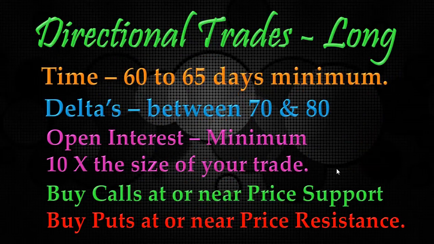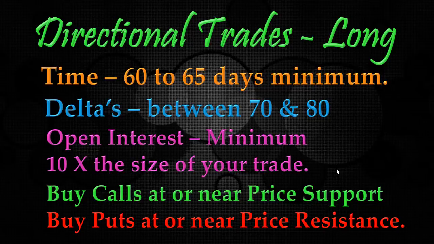So some simple rules here that I want to go over for directional trades. If we're going to go long a directional trade, we're going to look for a minimum of 60 to 65 days in the option contract. Now, it's okay with me if you're very, very confident in the trade, very confident on the market, that you cheat that a little bit lower.